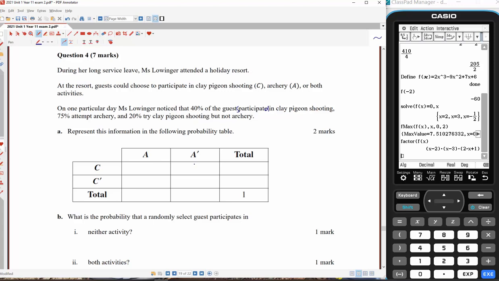So clay pigeon shooting and not archery is 0.2. Attempt archery is 0.75. Clay shooting 0.4.